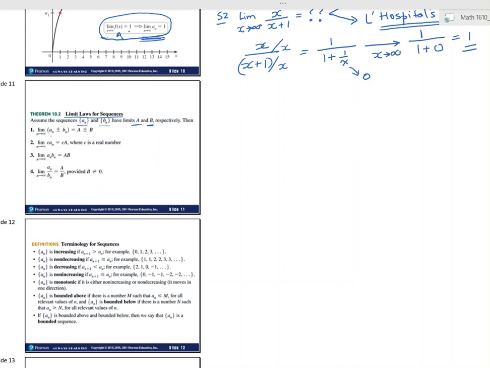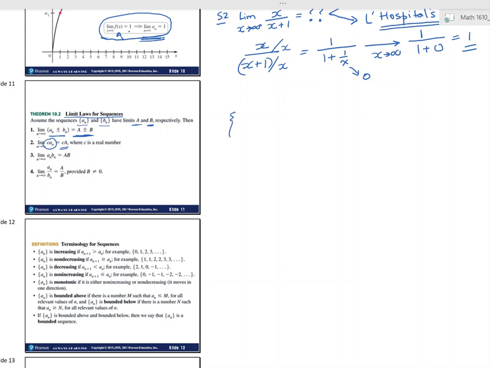Then if you were to add or subtract a_n, b_n, a_n plus or minus b_n, the limit would simply be a plus or minus b. Makes sense? Now the limit as n goes to infinity of c times a_n. So if you just multiply a sequence with a number c, all that is going to happen is that the limit would be c times a.